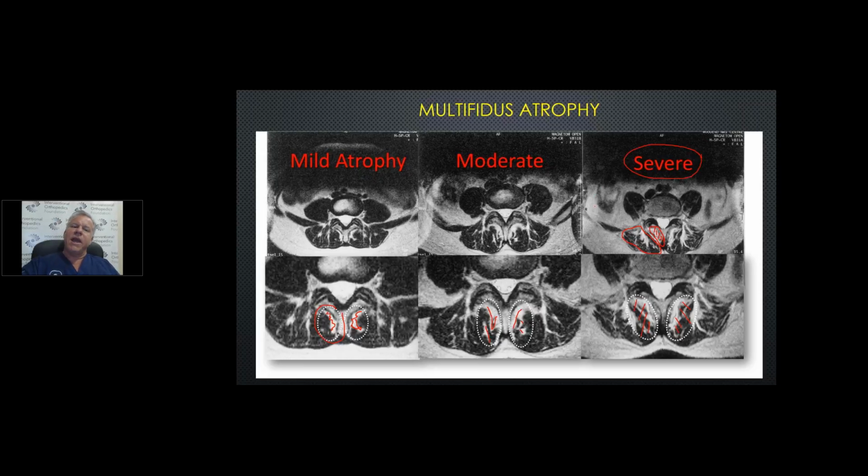And one of the problems with Kader's pictures is that some of this paraspinal atrophy has now been shown to just be related to disuse, whereas the multifidus-specific compartment is more related to nerve irritation on a segmental basis.